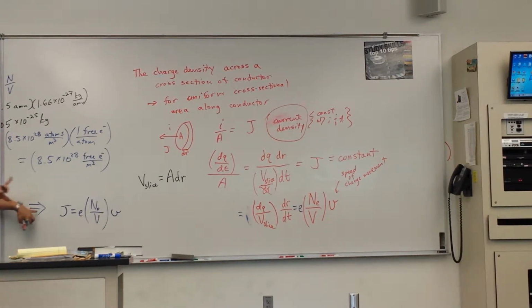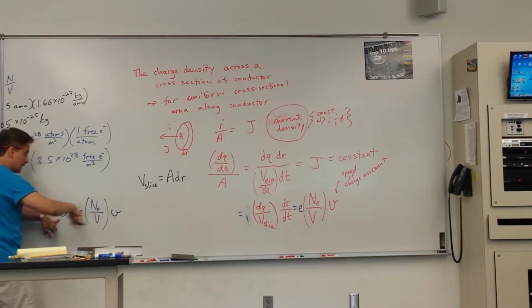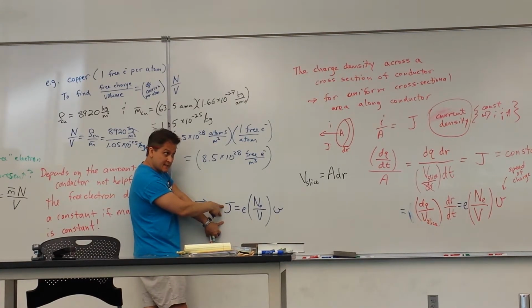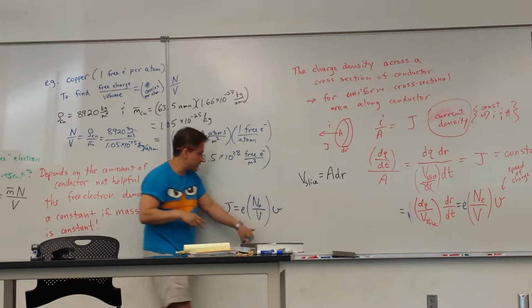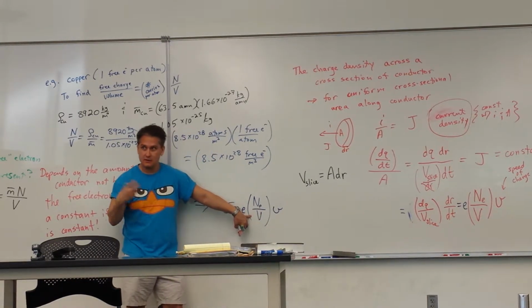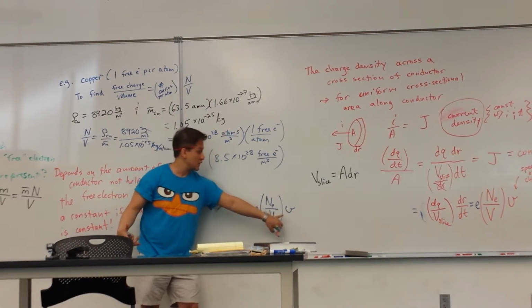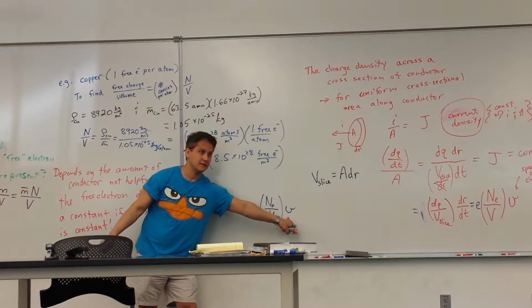So here's where we're basically at. We should have a constant, uniform, it doesn't even have to necessarily be uniform throughout the cross-section, but for a constant current density, there's a relationship between the charge carrier, charge per unit volume, that's flowing, and the speed at which it's flowing.